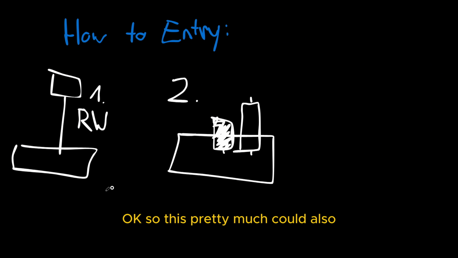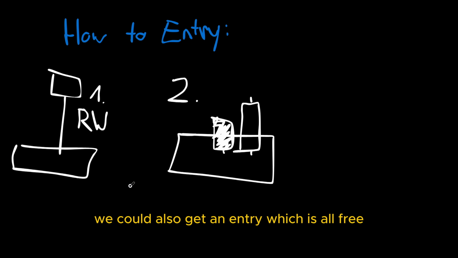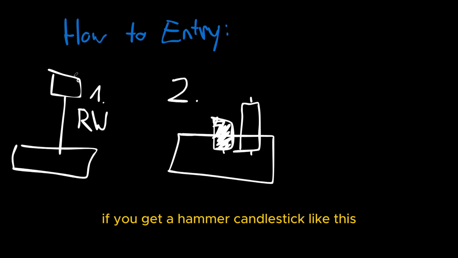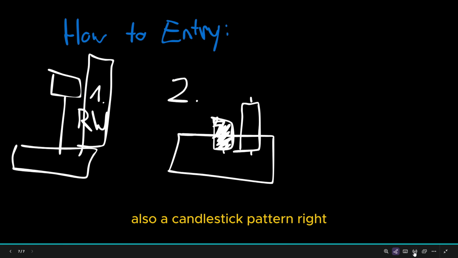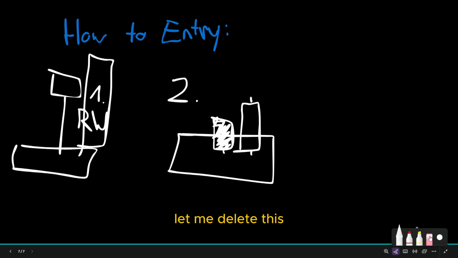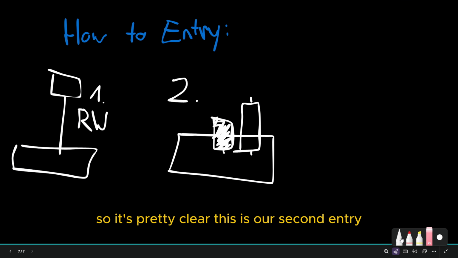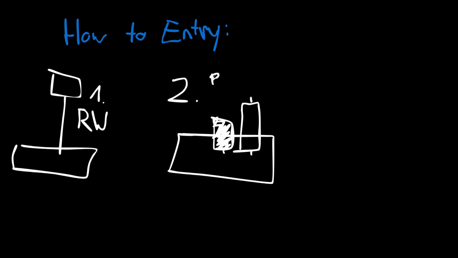So we could also get an entry which is all three. If you get a hammer candlestick like this, followed by a strong bullish candle, this is also called a break of structure, also a candlestick pattern, right? Let me delete this so it's pretty clear. This is our second entry, a break of the candle, okay?